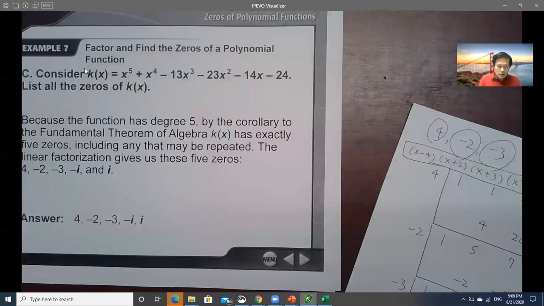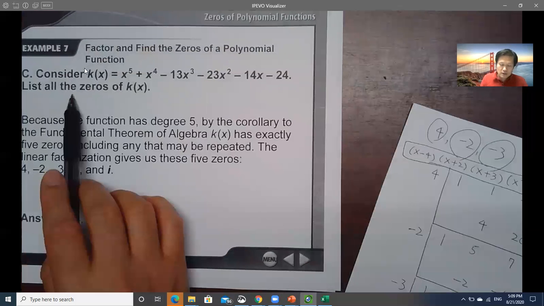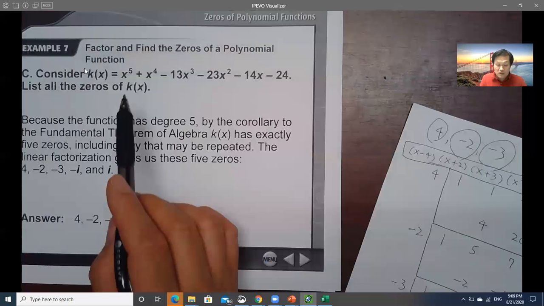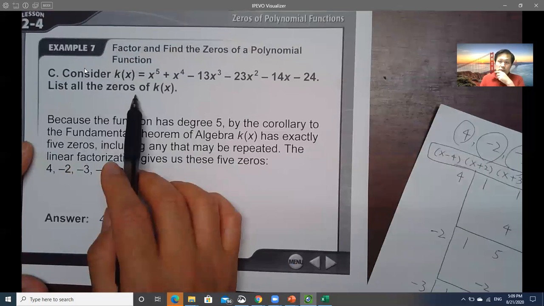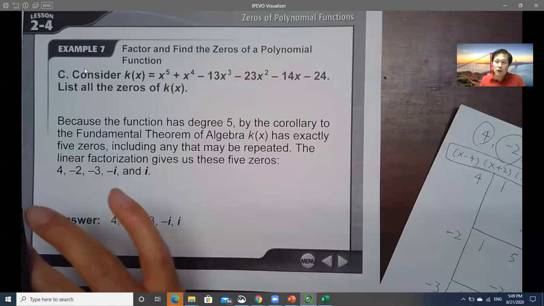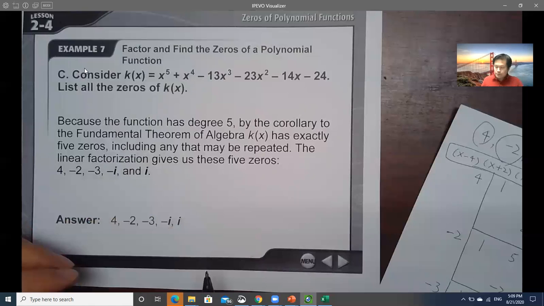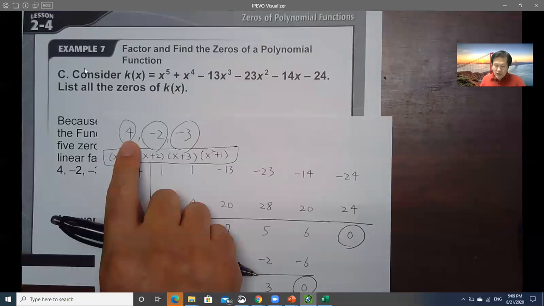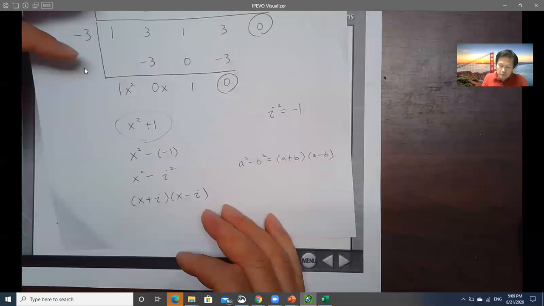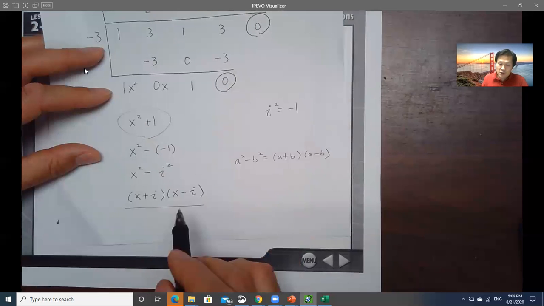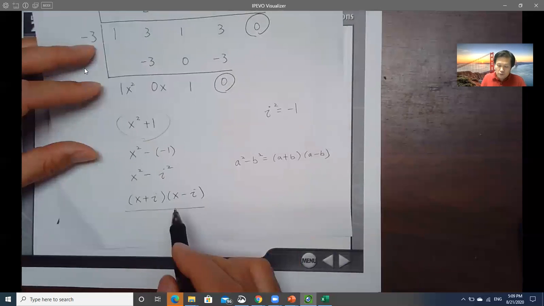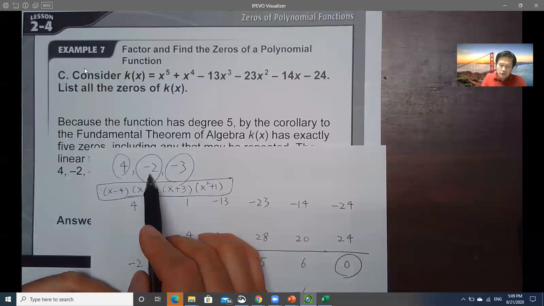Okay, C: list all the zeros of k of x. When they say all zeros, they do mean everything, including i. So we had the zeros already, but we have to include the imaginary zeros as well. We have 4, -2, -3 available.